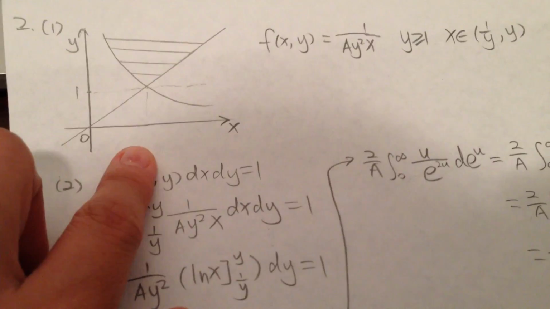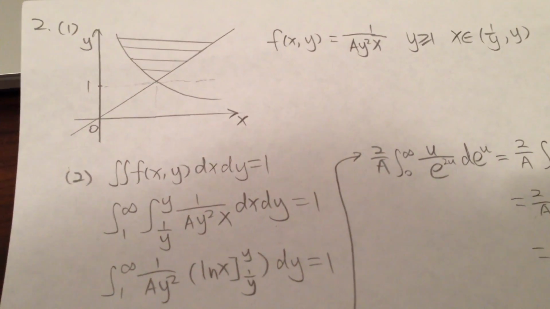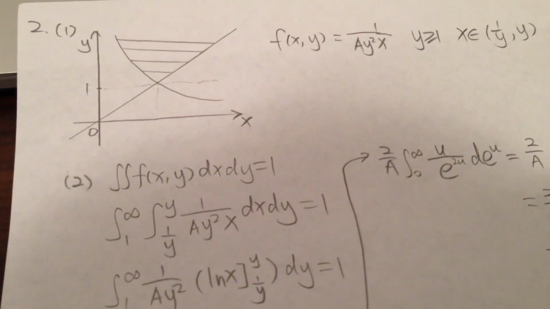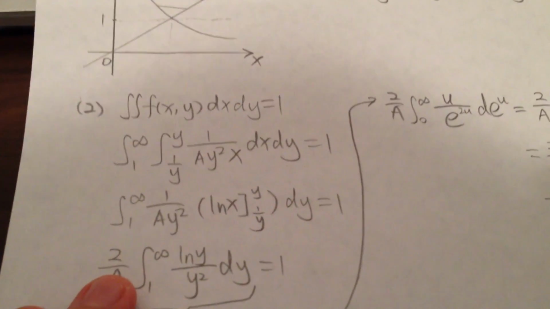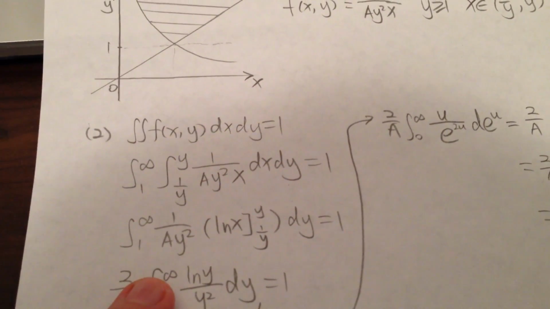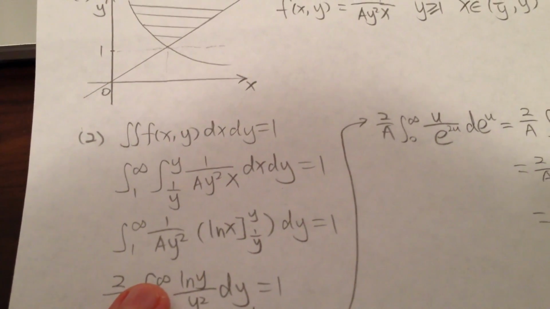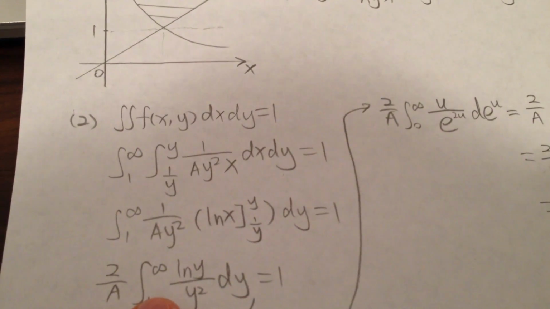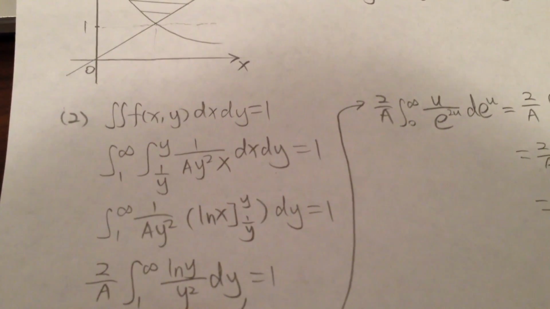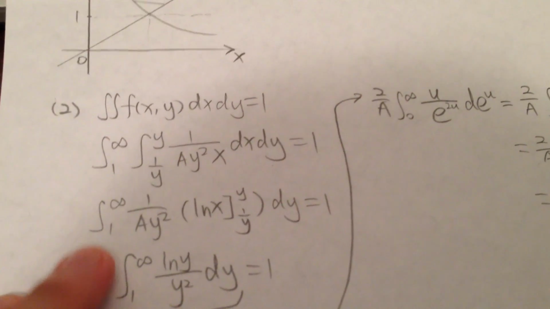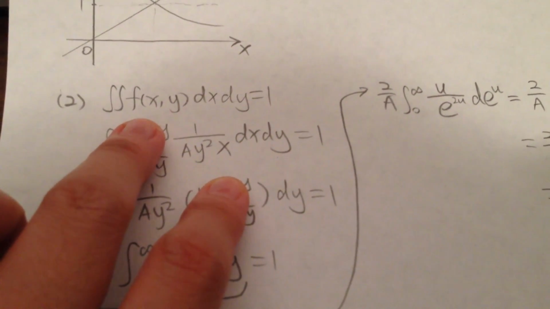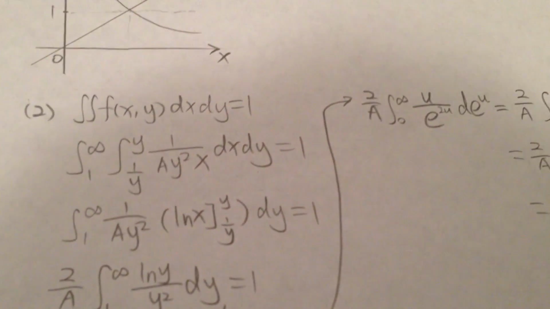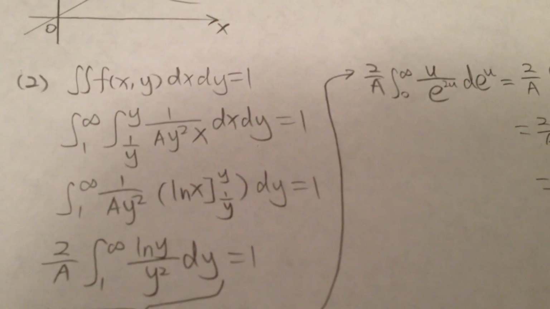Now let's look at question 2. In part 2, we have to find a so that f(x,y) is a valid joint density function. In order to find a valid density function, we have to use the definition of validation, that the integral of f(x,y) dx dy equals 1.